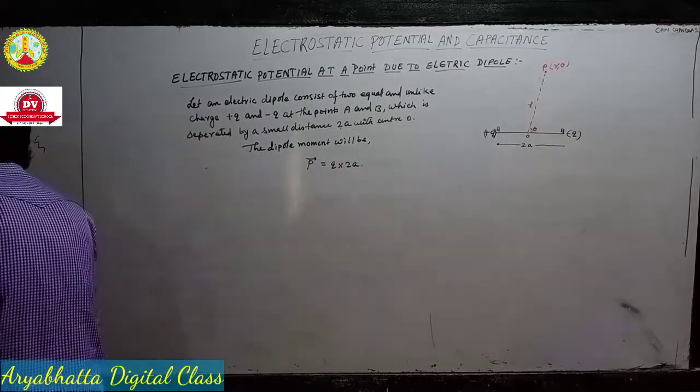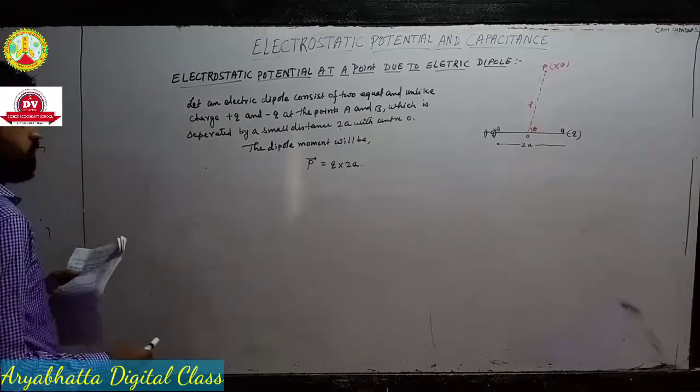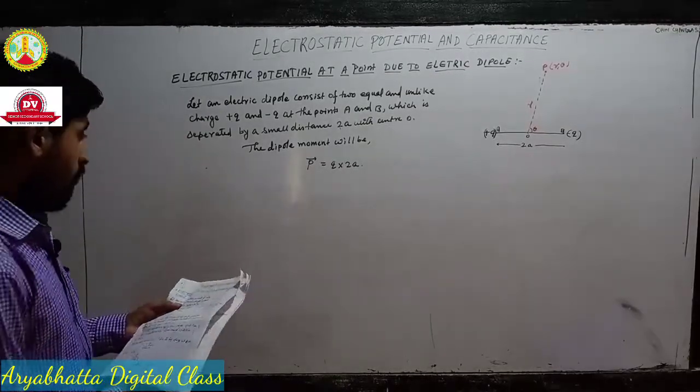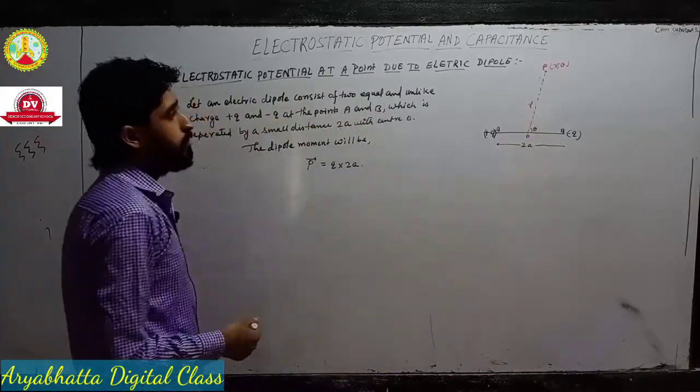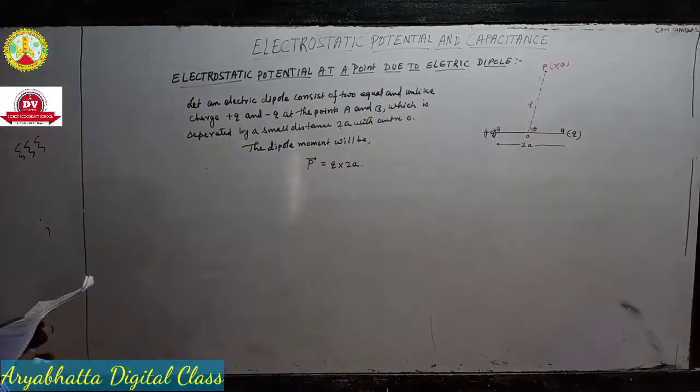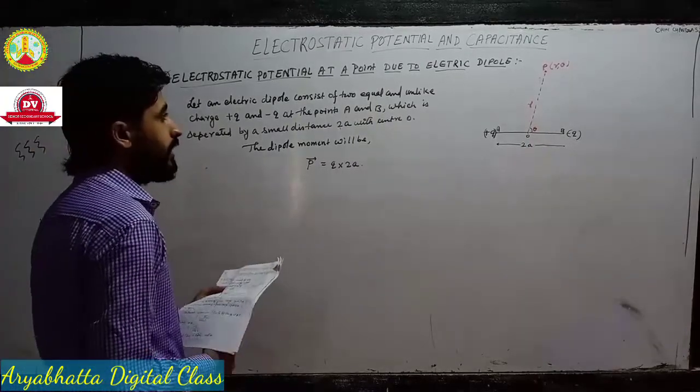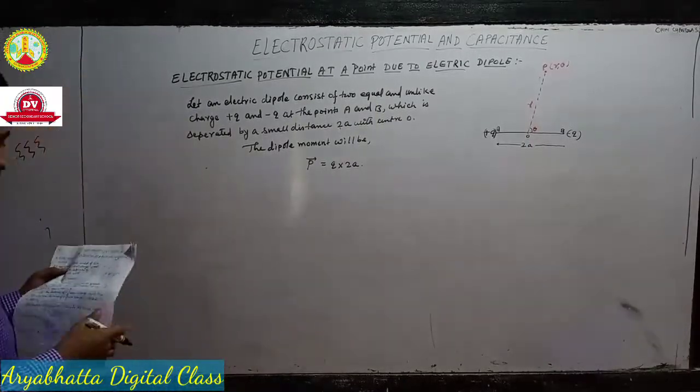Now see what we need to find. Now we will just join O and P. If you join O and P, you'll get theta and distance r. So we are going to describe that part first.